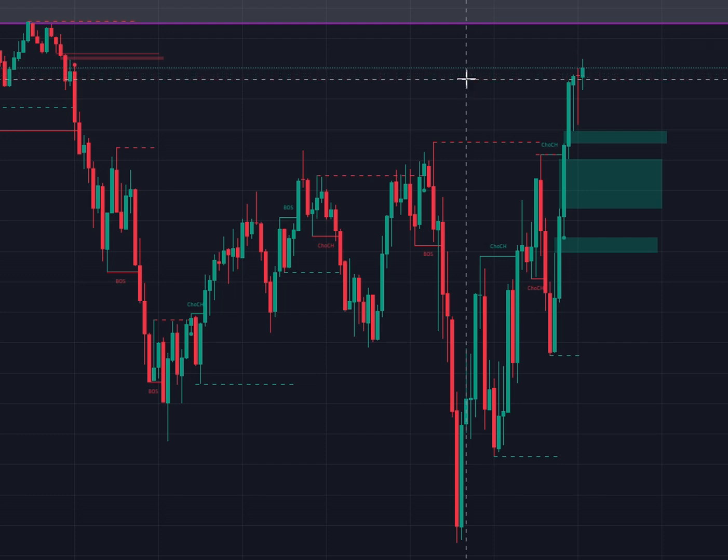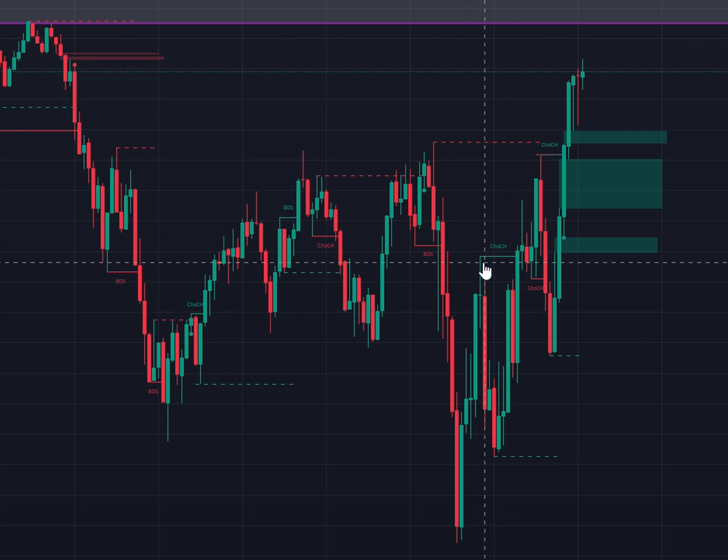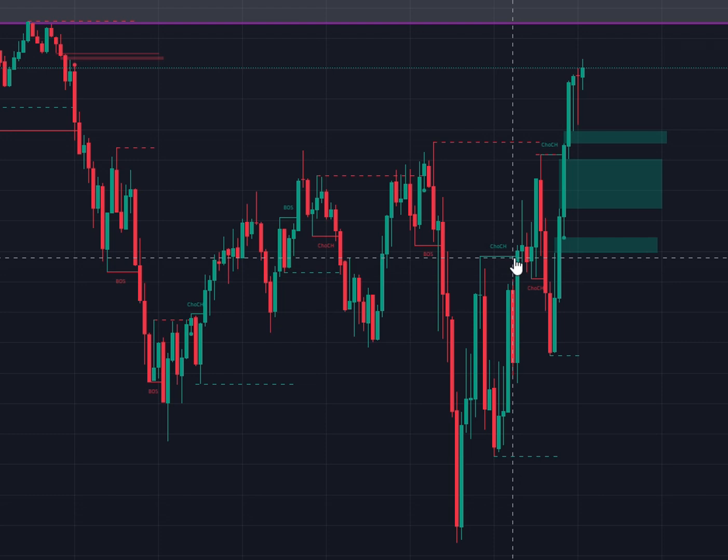And you always want to be looking out for your fair value gaps and market structure shifts. On my chart here, I have an indicator that tells me the change of character, which is the market structure shift.